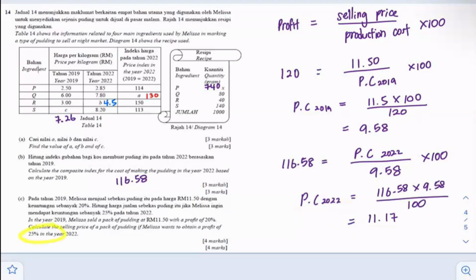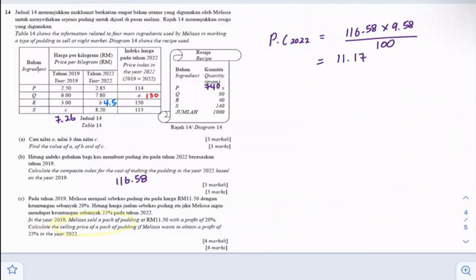And we want to get the 25% in profit. In order to calculate the selling price, we have to use 125 as the index, as we want to get a 25% of profit will be equal to your selling price divided by your production cost in 2022. Multiply with 100.